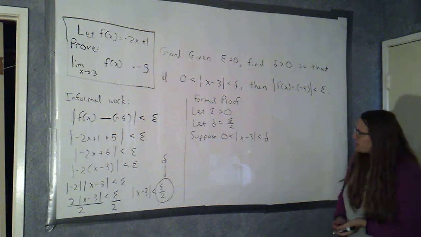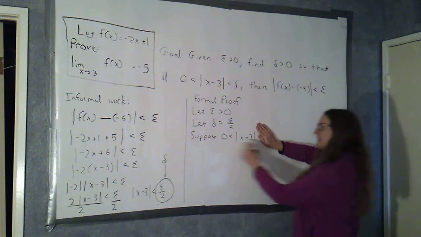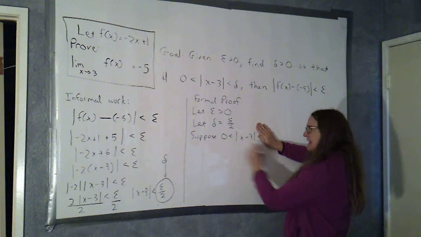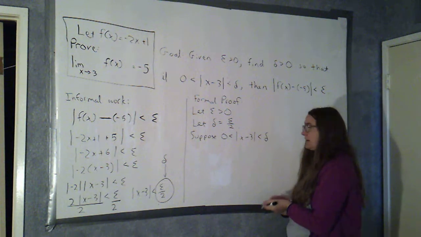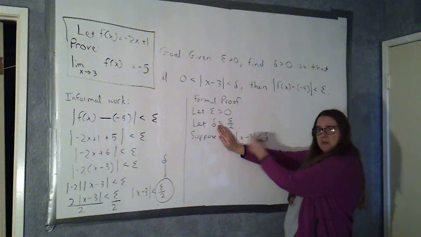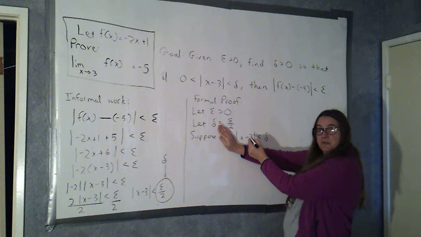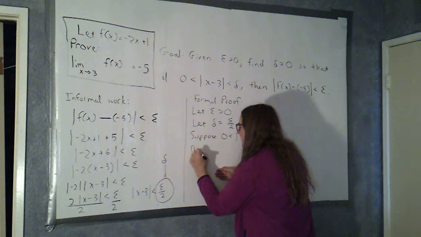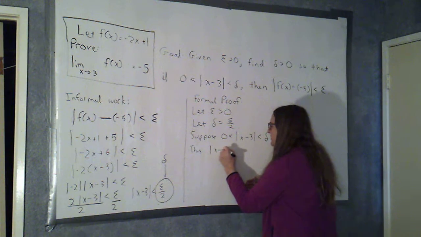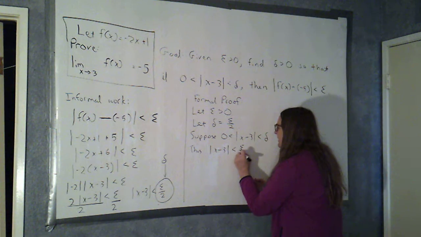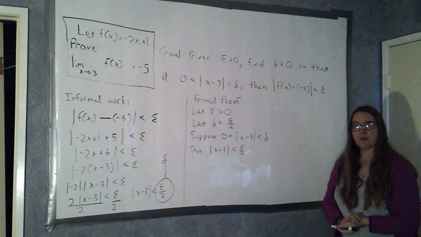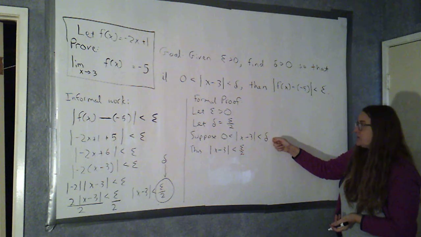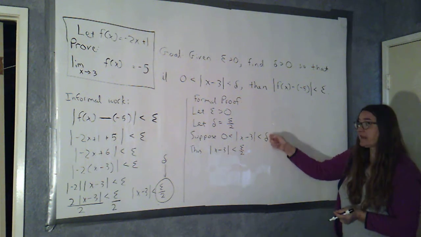Now, as I mentioned, for this particular problem, this part of the inequality that tells me that x isn't 3 isn't really needed. What I need is this part of the inequality, which tells me that x is close to 3. So I'm just going to spell that out. I'm going to say that the absolute value of x minus 3 is less than epsilon over 2, just substituting in the value of delta that I had found.